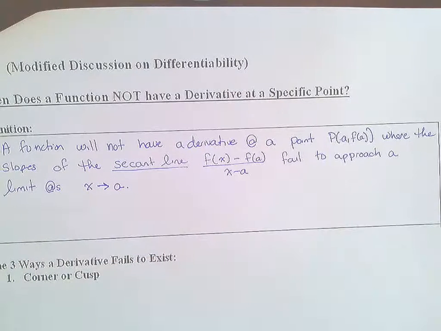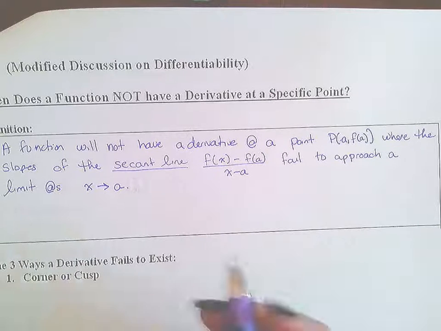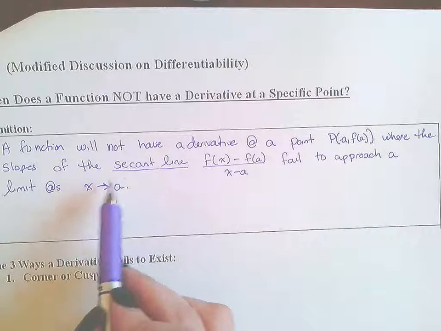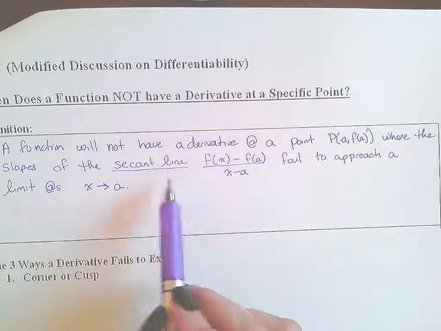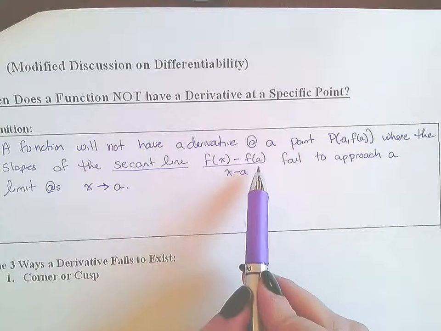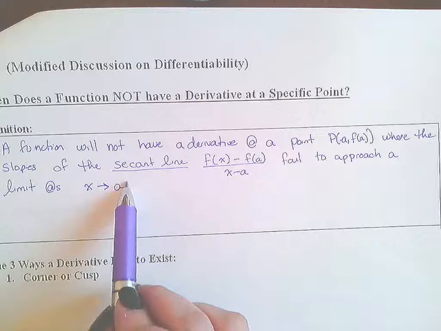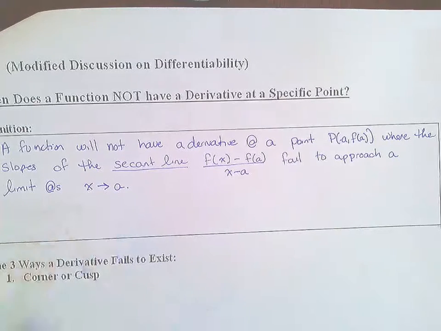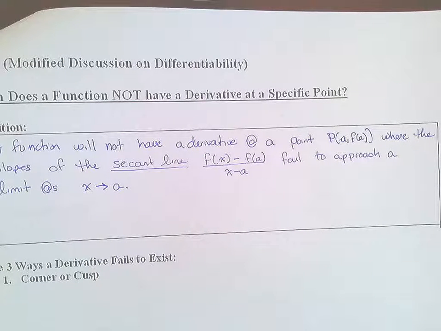So basically, the idea is that a function will not have a derivative if the secant line between f of x and that point does not approach that point. Okay?